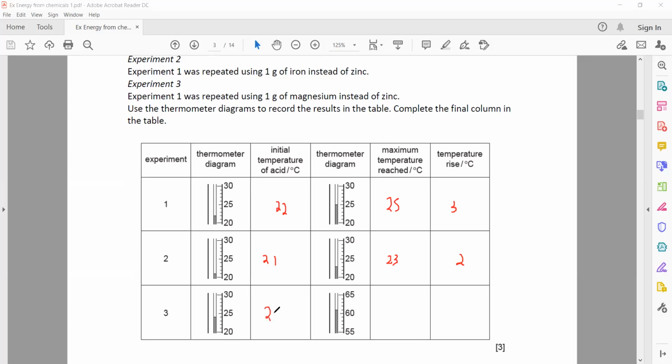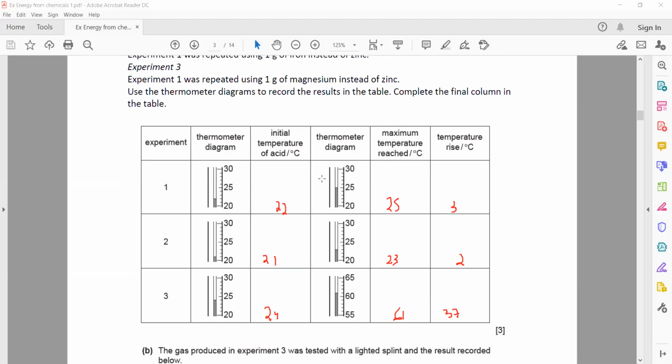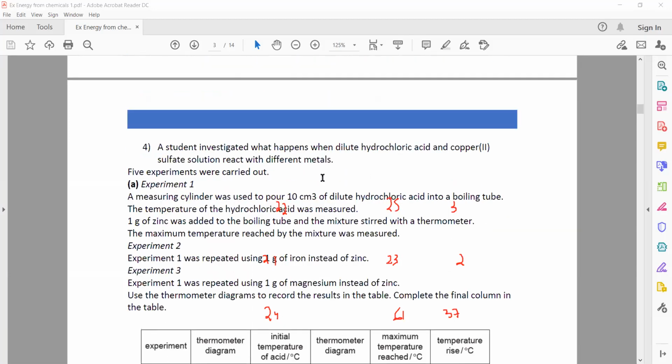Here the initial temperature is 24, the final temperature is 61, and the temperature change is 37. So you just have to find the temperature change here.